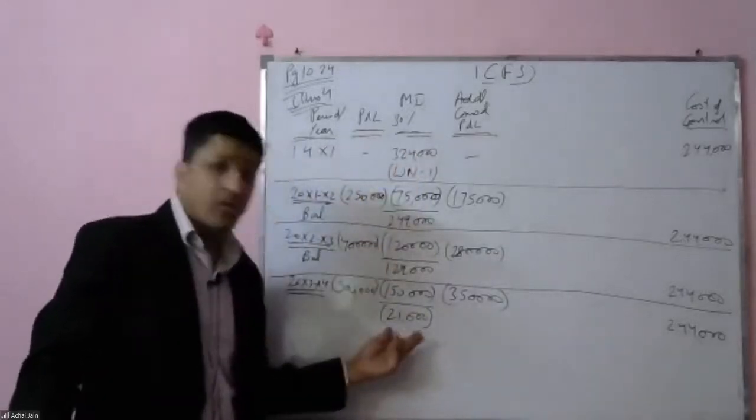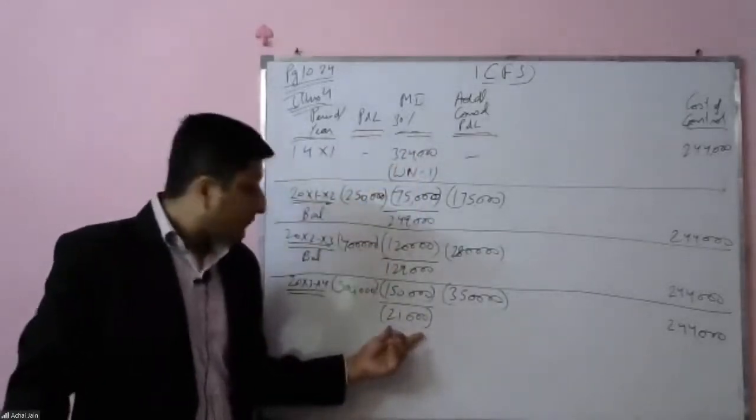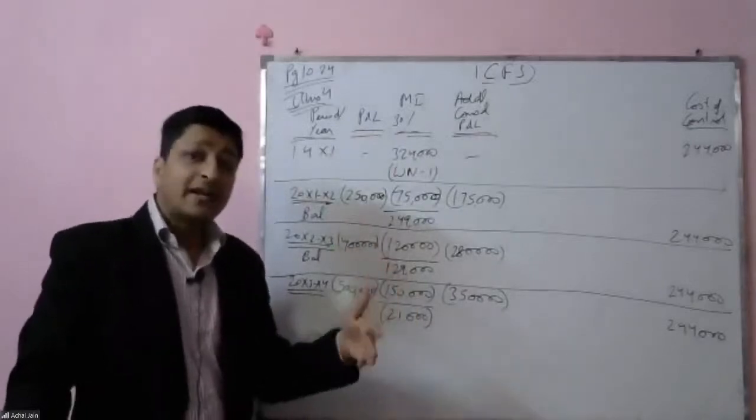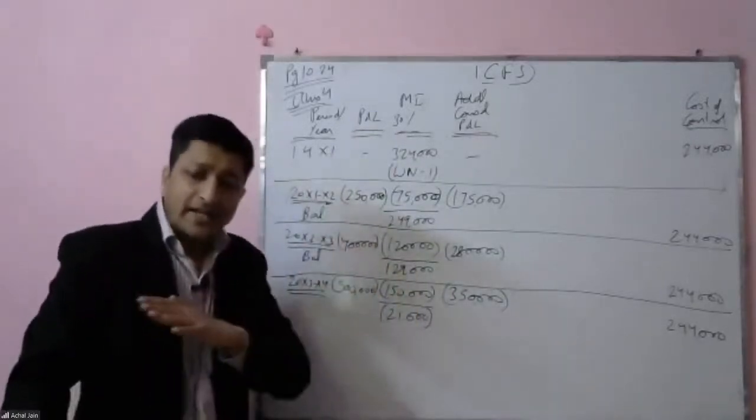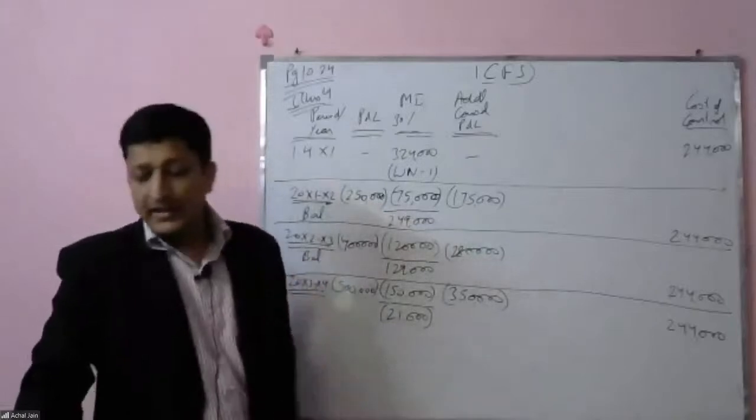So this loss of minority will be transferred to the parent so that it doesn't remain negative. It can be zero, but it cannot be negative.